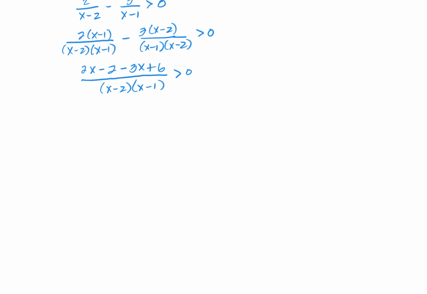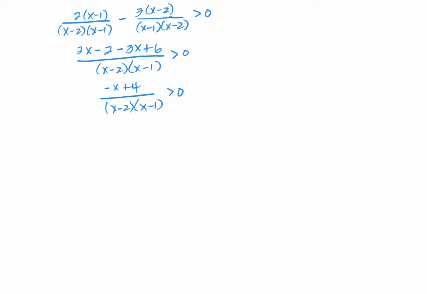Now we have to make sure everything's factored after we get it to one fraction. The denominator's already factored. I just have to simplify the numerator to be a negative x plus 4, or you can write it as 4 minus x, either way. So we have to find those x values that give each one of these factors 0.